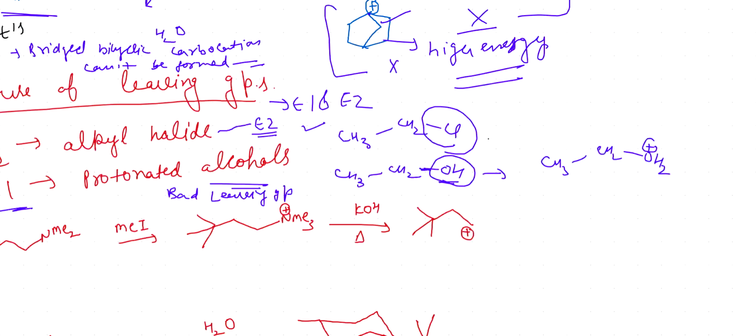Then this OH2 group will be removed, thus forming a carbocation. Then this is the alpha carbon. Then hydrogen will be abstracted from the alpha carbon, forming an alkene. So I am giving the overview of how this will proceed via E1 mechanism.